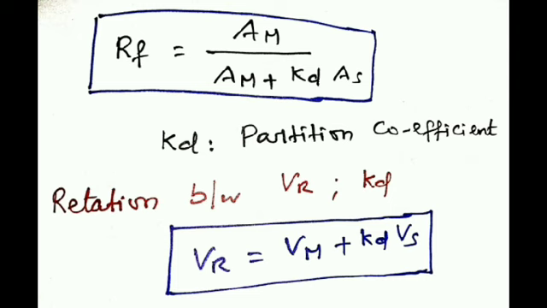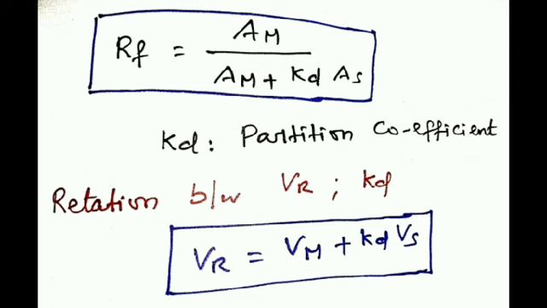This is the relation between retention volume, that is VR, and partition coefficient KD: VR equal to VM plus KD into VS, where VM is the volume of mobile phase and VS is the volume of stationary phase.